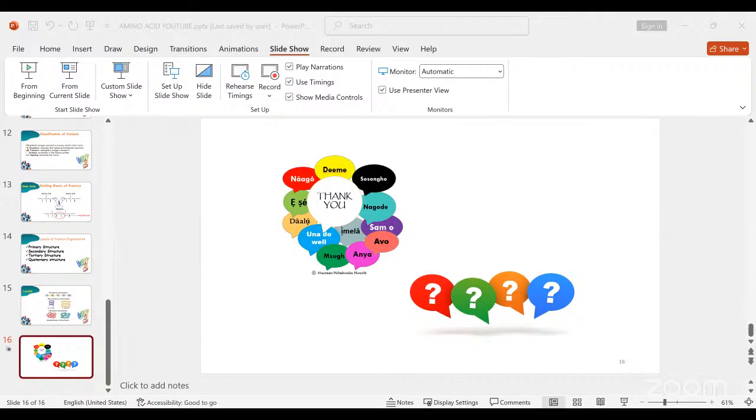Did you just ask a question about proline? I've seen a question on proline. Proline is an amino acid, but it is different from the others because its amino group is a secondary amino group, not a primary one. If you look at the structure of proline, you find that the amino group is attached to 2 carbon atoms, so it is a secondary amino group.